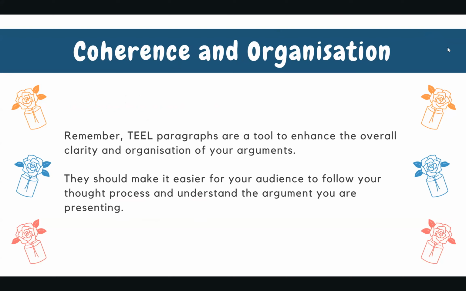So remember, a TEAL paragraph is a tool to enhance the overall clarity and organization of your arguments. They should make it easier for your audience to follow your thought process and understand the argument that you are presenting.